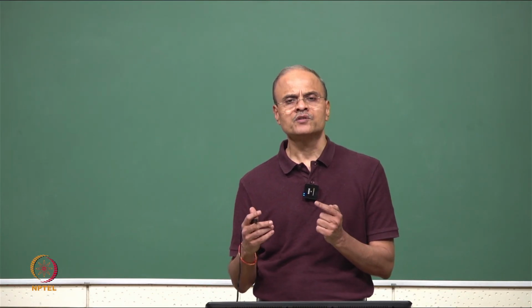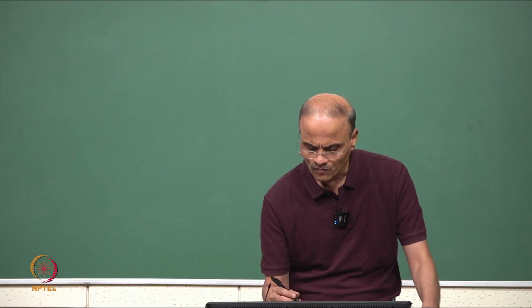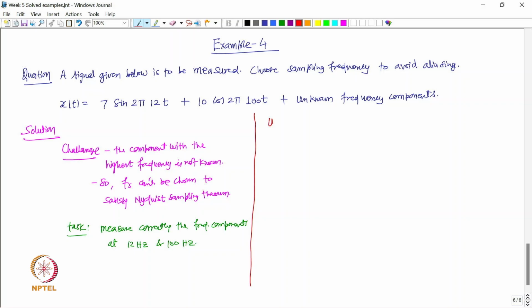So, what we do is we make use of what we call an anti-aliasing filter. You can go through the lecture to understand in more detail what an anti-aliasing filter is, but just briefly, we are going to pass this signal x of t through the anti-aliasing filter, which I abbreviate as AAF.